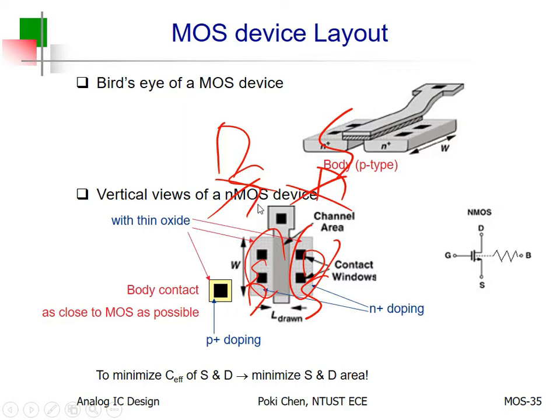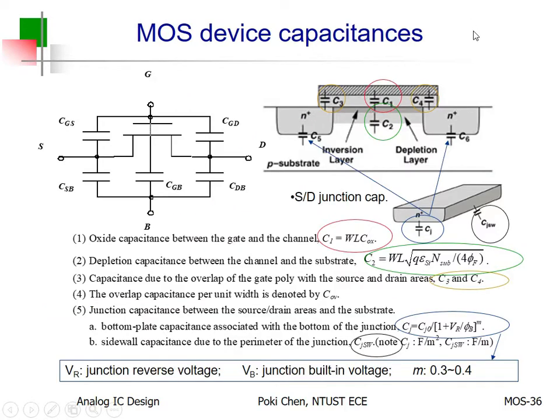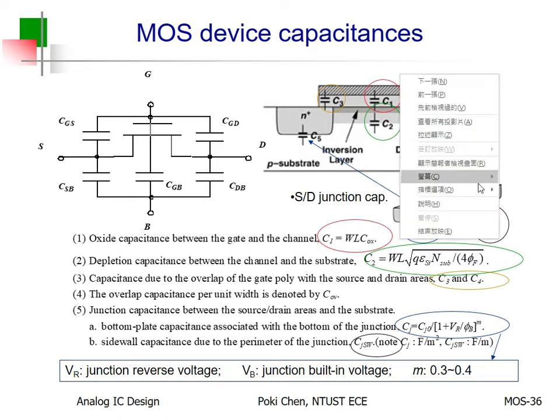Usually for high voltage MOSFET, the drain area is much larger than the source, according to its natural structure. Okay? And then allow me to show you some of the parasitic capacitance. It has a lot of capacitance. Especially, I need to warn you.